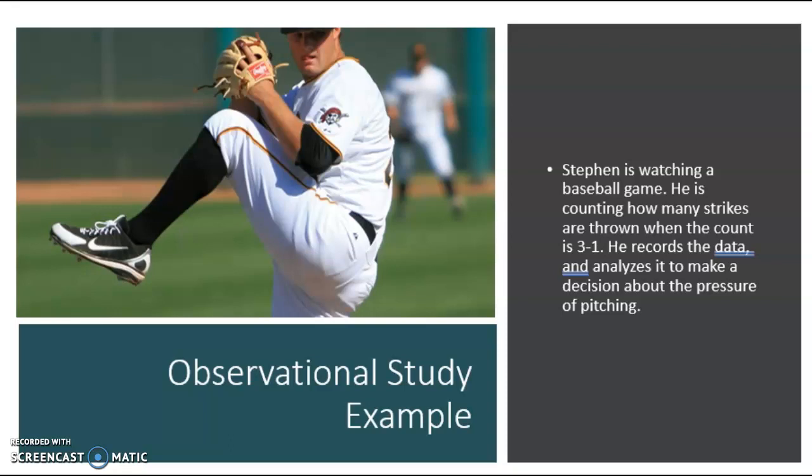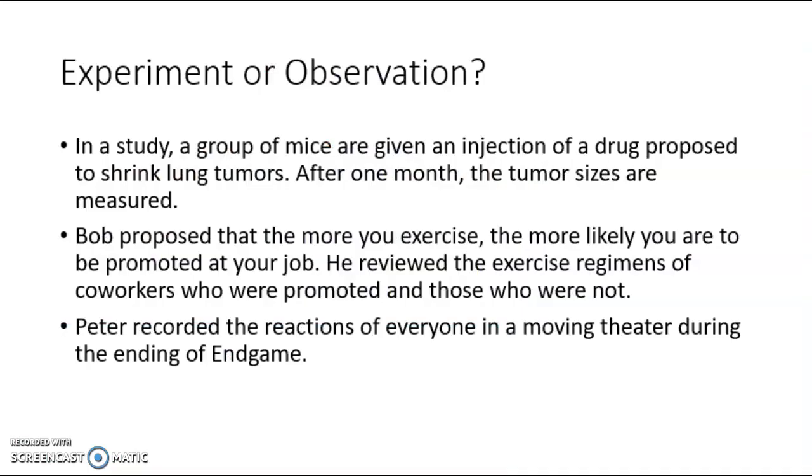Next screen. It's a little wild and free with the ink. All right, here we go. Is it experimental or observational? So in a study, a group of mice are given an injection of a drug proposed to shrink lung tumors. After 1 month, the tumor sizes are measured. So would this be experimental or observational?